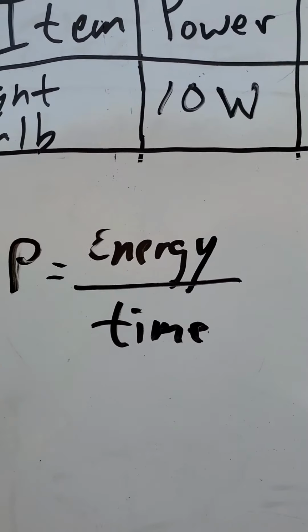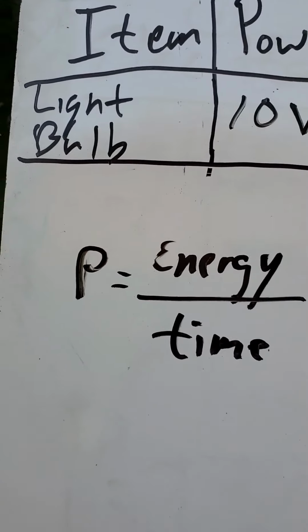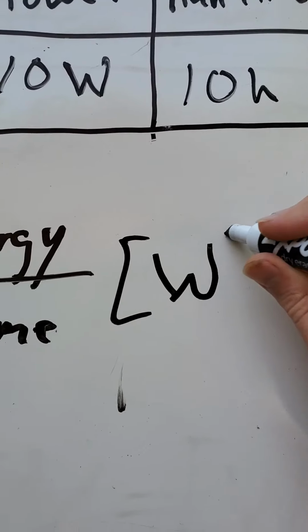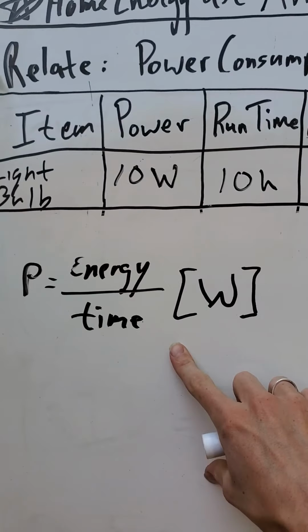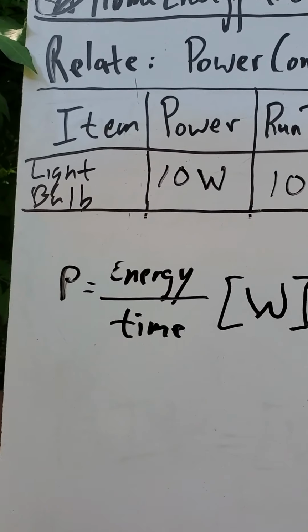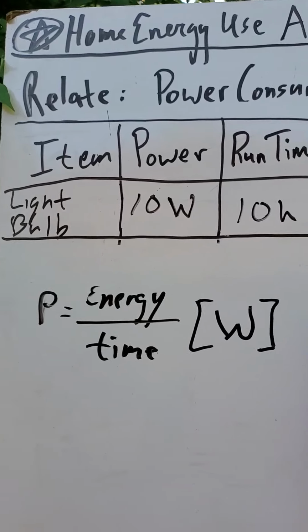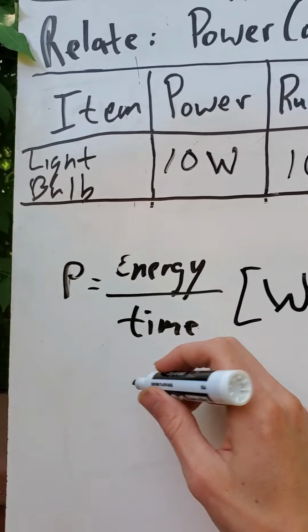So power, we use a unit called watts, and that's how we measure power, which again is how much energy we use in time. So let's take this right here, and we are going to use 10 watts.